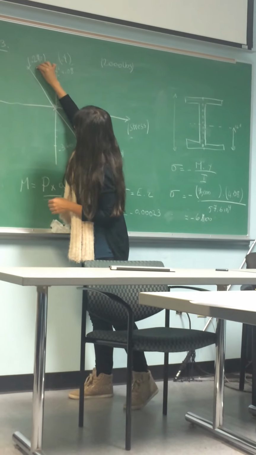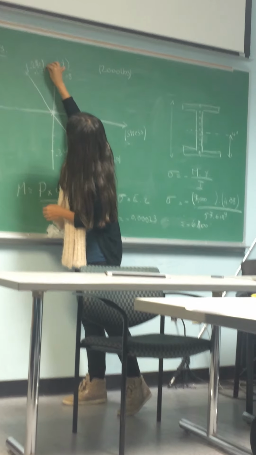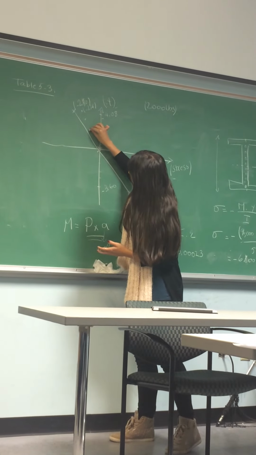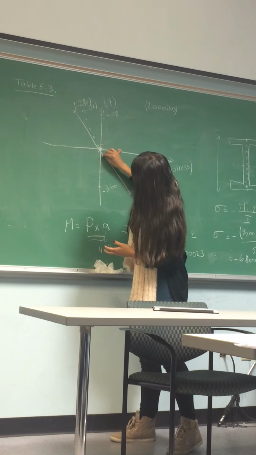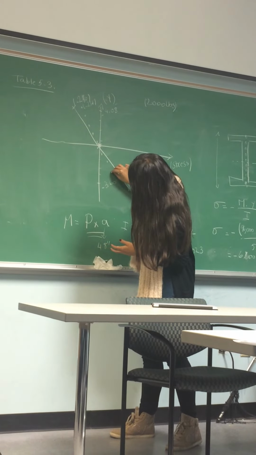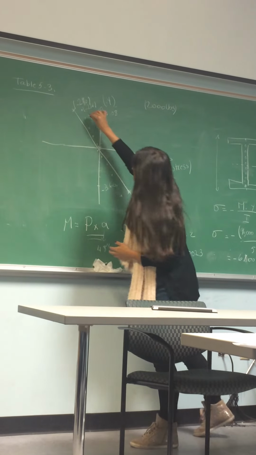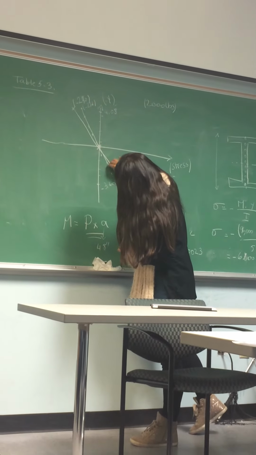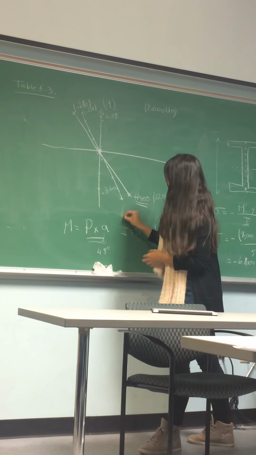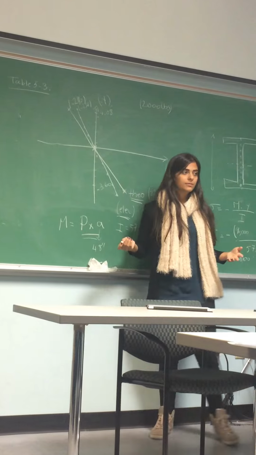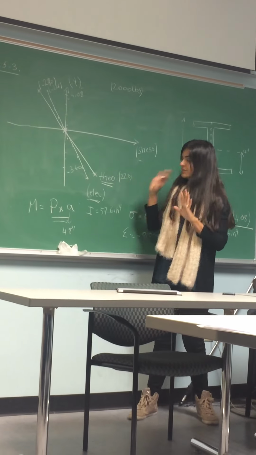For this gauge, if I remember, you had minus 216, okay? And they had some value here, here, here, here. And then you can plot your electrical reading line.